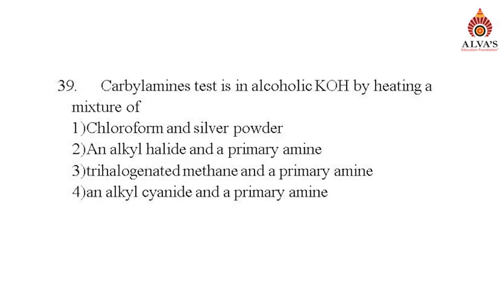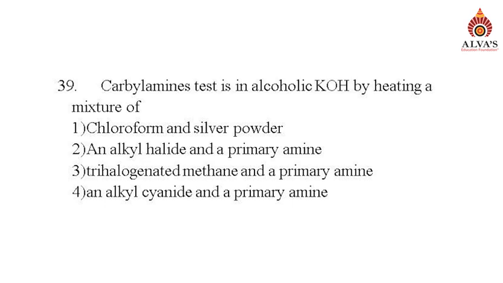Question number 39. Carbylamine test is in alcoholic KOH by heating a mixture of. Now, carbylamine test is a test for detection of primary amines, and this primary amine reacts with chloroform in presence of alcoholic KOH.